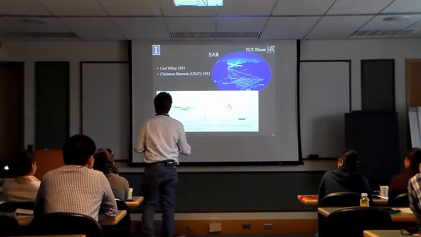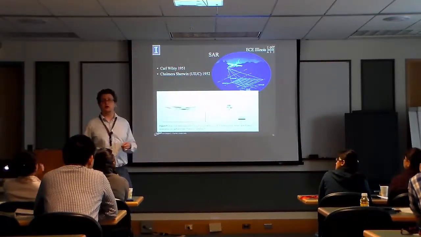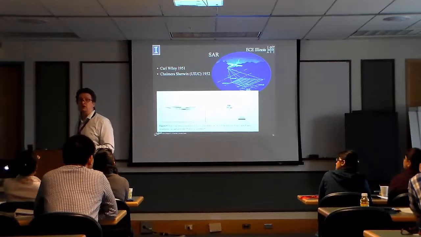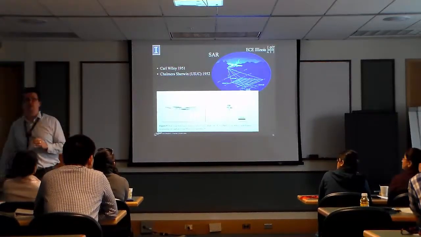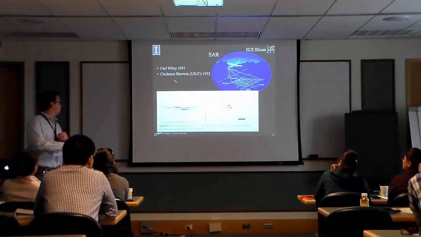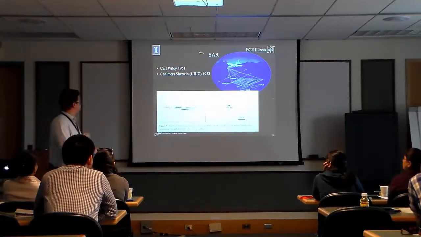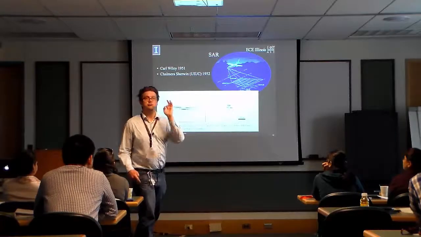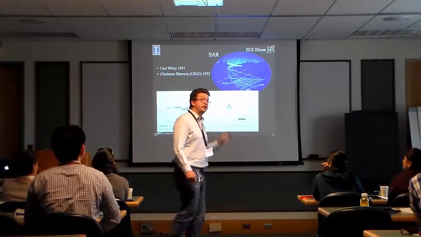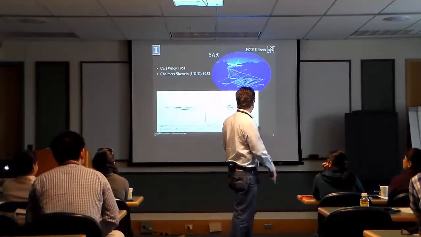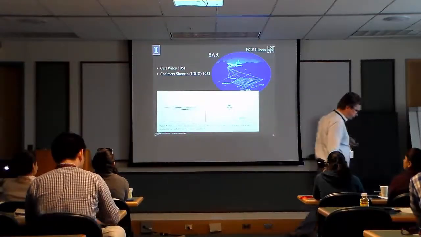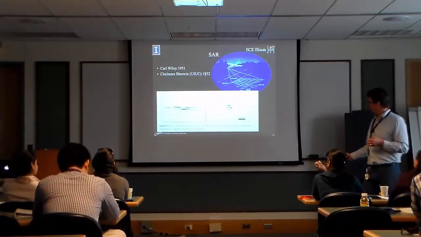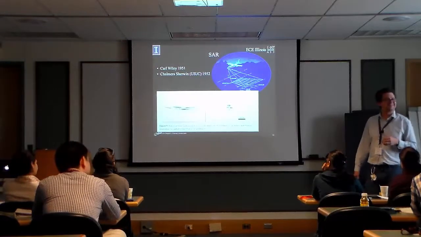And that was done at the Goodyear Aviation Corporation in 1952, or at least the results were published in 1952 by Carl Wiley. Chalmers Sherwin, I've got the dates wrong. It was published in 51. A few months later, Chalmers Sherwin from the physics department here at the University of Illinois published essentially the same results.